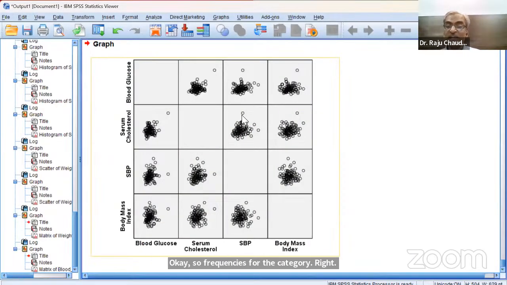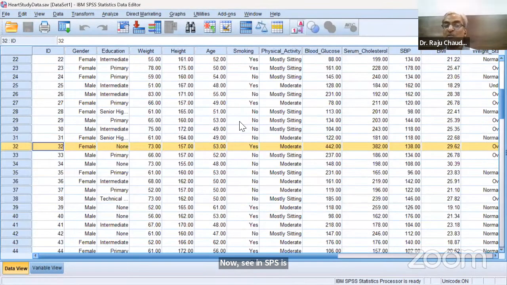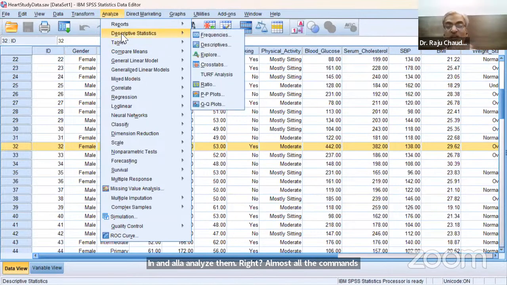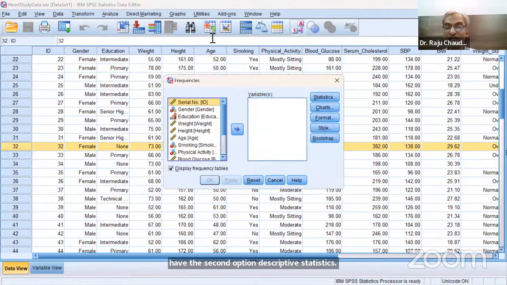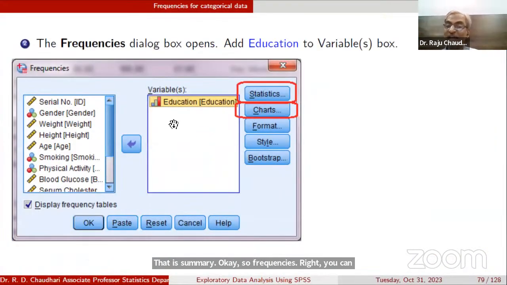Now see, in SPSS almost all the commands for statistical analysis are available in the Analyze tab. In Analyze, we have the second option, descriptive statistics, that is summary. So you can choose frequencies.